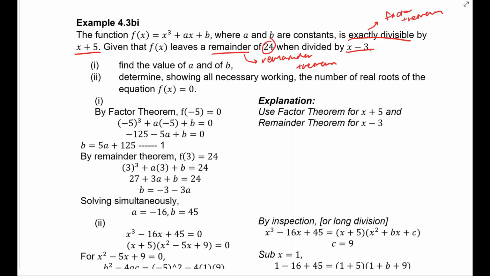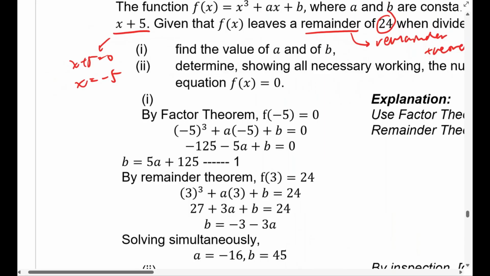Okay, so we'll just use our factor theorem. We let x plus 5 equal 0, that's how we get x equals minus 5. And then we know to sub x equals minus 5 into the polynomial, then equate it to 0. So that's how the factor theorem works, right? Then we'll get our first equation.